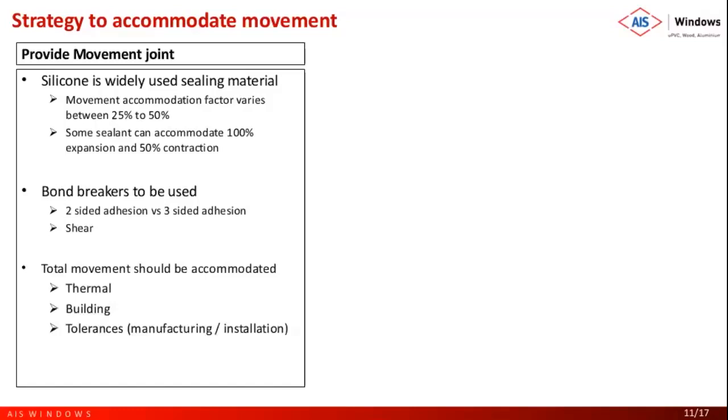Now, in most cases, whenever we provide a movement joint, silicone is the widely used sealing material, and most silicone has a movement accommodation factor of 25% to 30%. When we say a movement accommodation factor of 50%, it means a 10 millimeter joint can expand to 15 millimeter, or can expand to 12.5 millimeter and shrink to 10.5 millimeter.